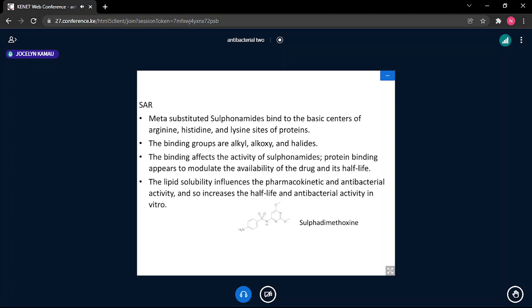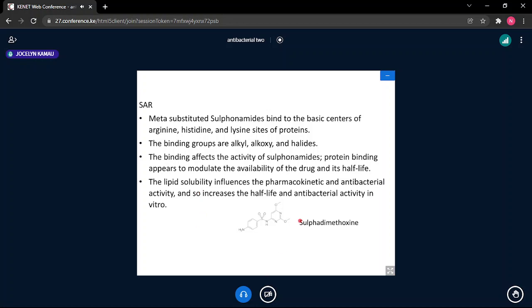So please note that there is a specific structure-activity relationship of the sulfonamides. There are certain groups that must be retained. We have said if you have heterocyclic rings, the resultant sulfonamide has lesser toxicity and better activity because of the stabilization of the anion, and it is thought that it is the anion that indeed has activity.